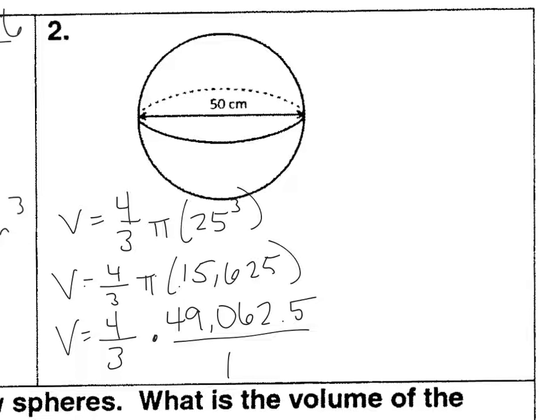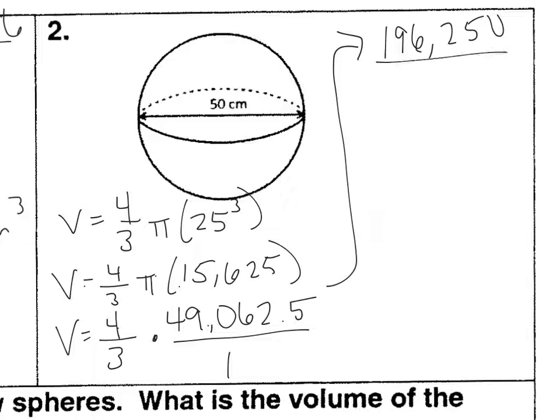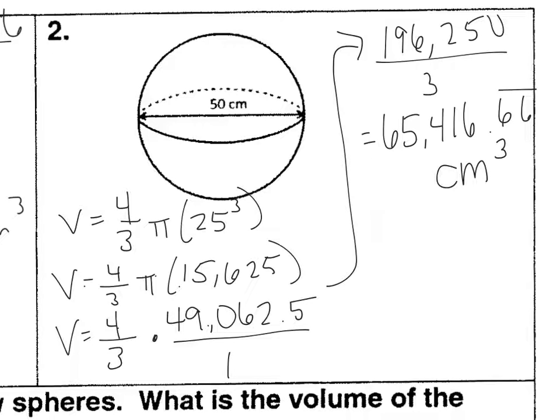Now going through and multiplying fractions, I'm going to move over here so I have a little bit more room. 4 times 49,062.5 is going to give me 196,250. 3 times 1 is 3. When I simplify that, I'm going to get 65,416.66 repeating. Don't forget your label, centimeters cubed.